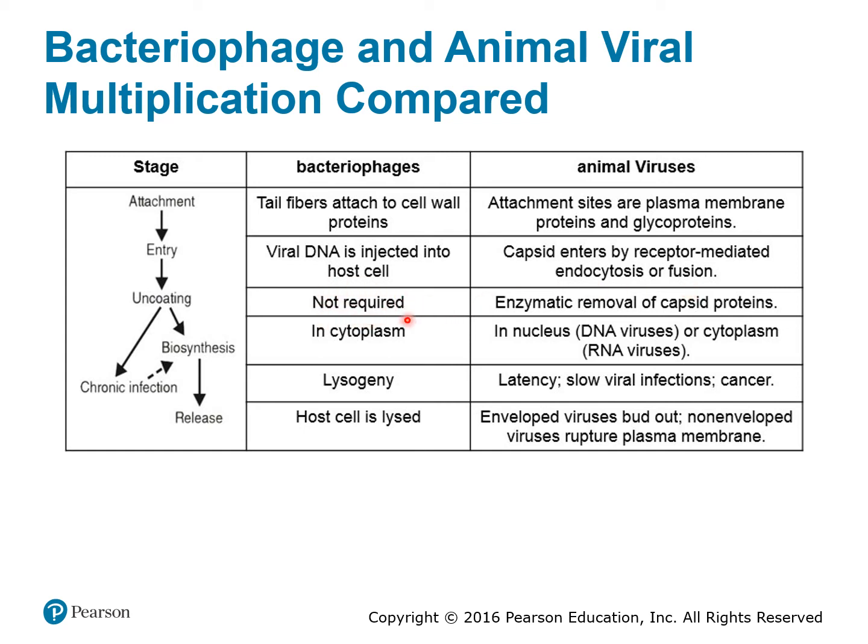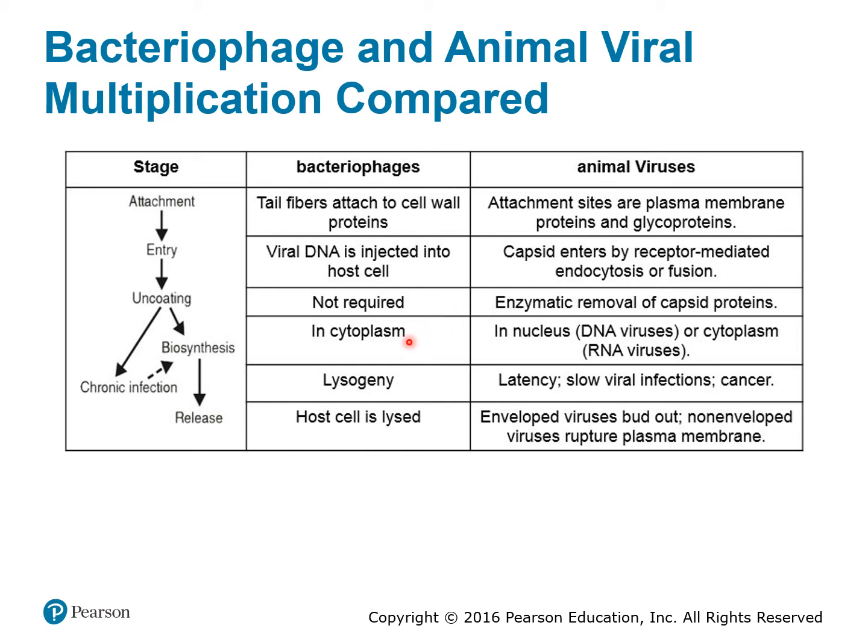Because the bacteriophages only inject the DNA inside of the host, the process known as uncoating is really not necessary. It's not required at all. But because with animal viruses the whole virus, including its capsid, enters into the host, that capsid has to come off. So it has to go through the uncoating process.